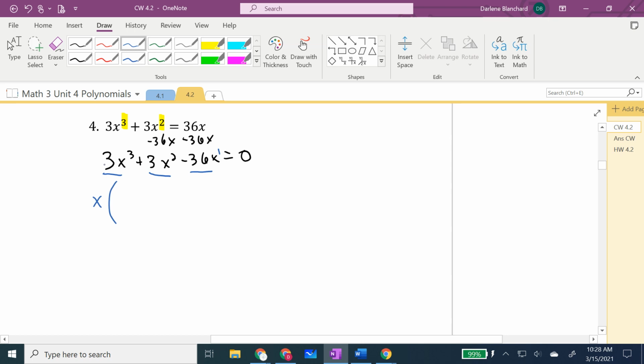And hopefully you also see that the numbers, the 3, the 3, and the 36, are all divisible by 3. So when you factor that out, you're dividing each term by it. 3x cubed divided by 3x. 3x squared divided by 3x. And then negative 36x divided by 3x.